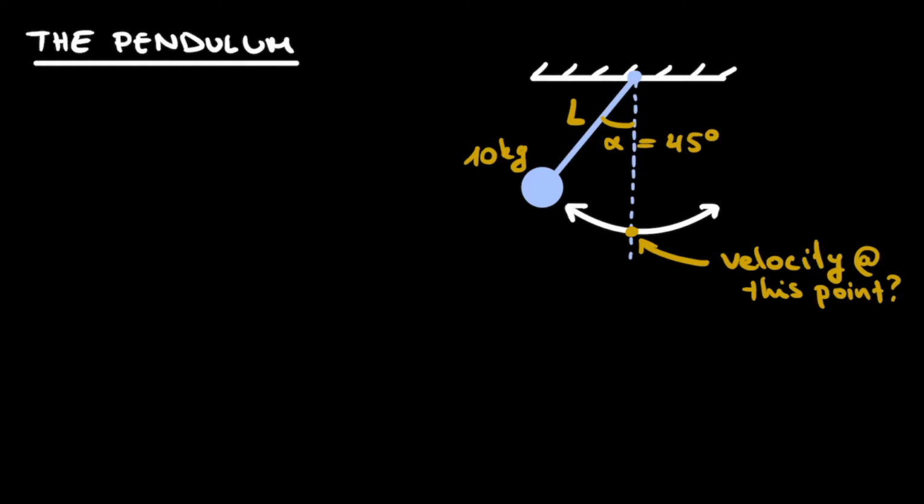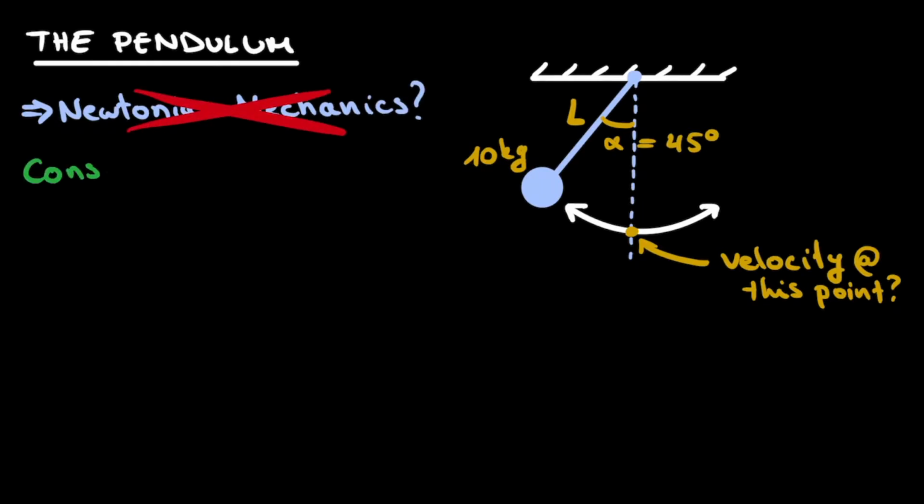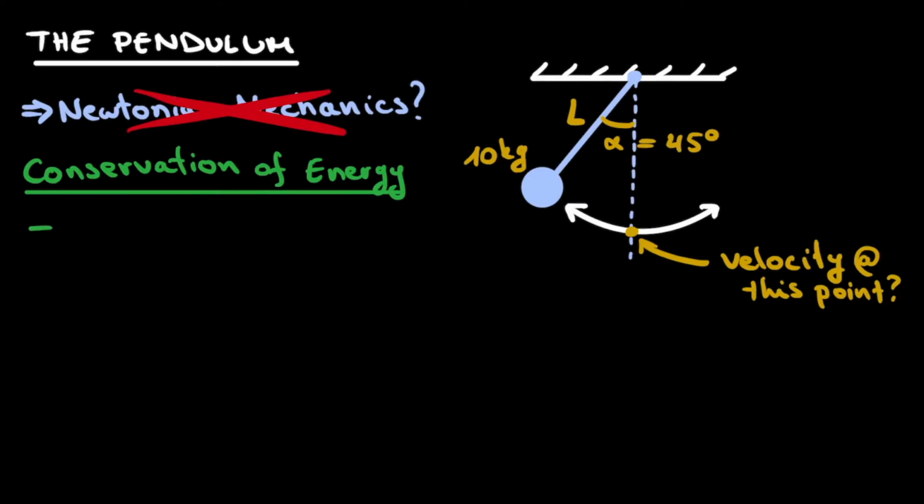Now you could solve this problem using only Newtonian mechanics, but these calculations tend to become quite tedious, so let's instead solve this problem with the principle of conservation of energy. This fundamental law of physics basically says that the total energy of a system remains constant throughout time.